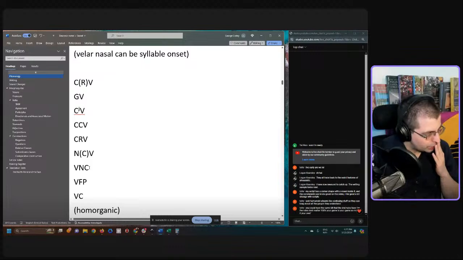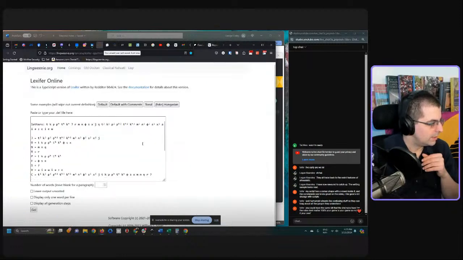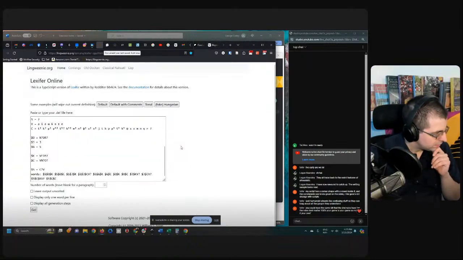We do have coda consonants, and we can put any consonant in a coda. I think that's something that has been maintained. If we go to our chart, these are our two codas.